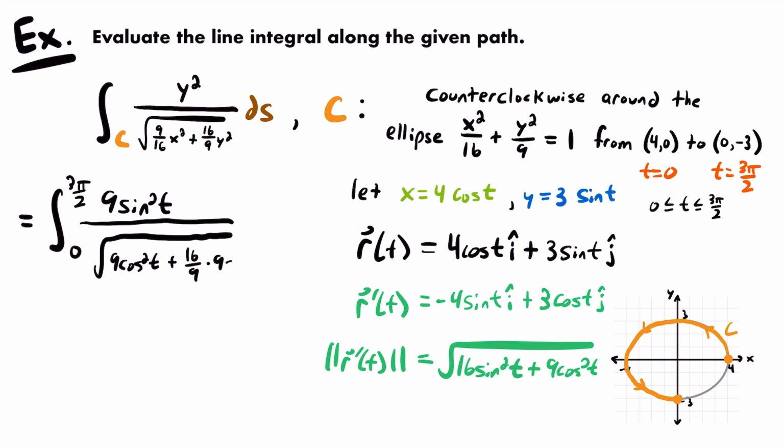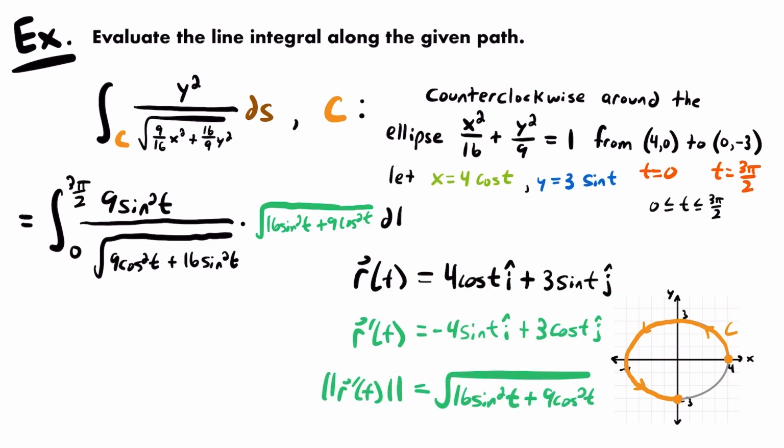So you're multiplying by 9 sine squared t, but then those 9s will cancel out, leaving you with 16 sine squared t. And then we're multiplying that expression by ds, which is the magnitude of the derivative of the vector function multiplied by dt. So let's write that in here. We're multiplying by that magnitude, which is the square root of 16 sine squared t plus 9 cosine squared t, and that will be multiplied by dt.